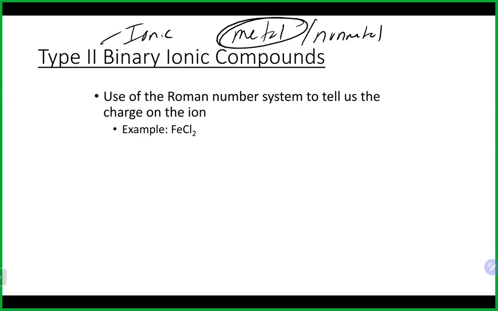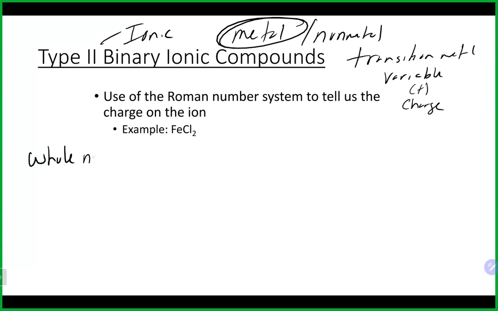The metals for type 2 are going to be in the transition metal region, or just to the right. And what those have is a variable positive charge. So we actually do name it the same way as we name type 1, except that we do need to put one additional thing in. And we still do the whole name of the metal.